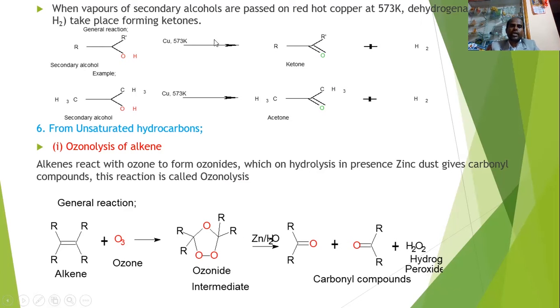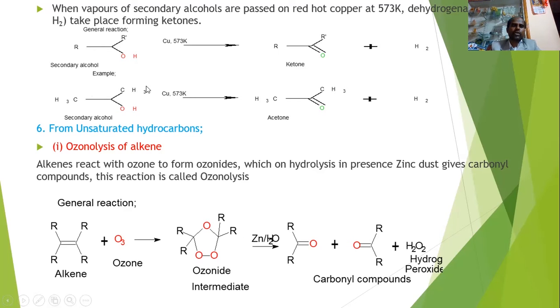Here, dehydrogenation by a catalytic amount of copper also gives aldehyde from primary alcohol and ketone from secondary alcohol.